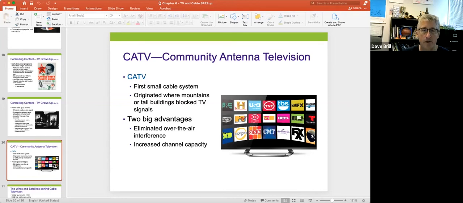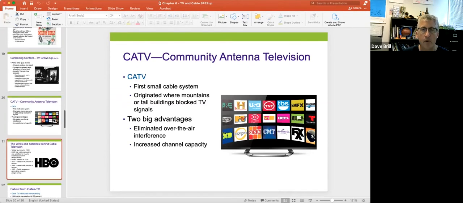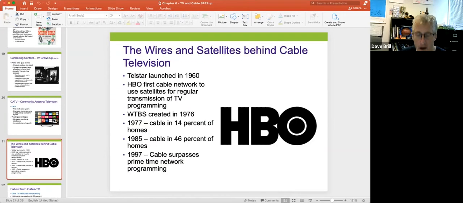Now, a big game changer during this time was that AT&T launched its first satellite into orbit in 1960. And it was the first communication satellite capable of receiving and amplifying signals, and cable obviously benefited from it.